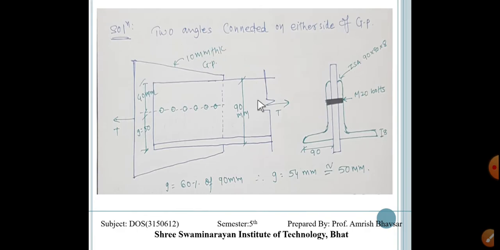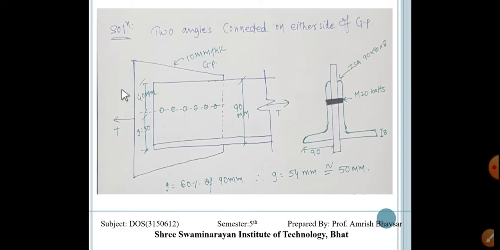Now here, they have given two angles connected on either side of the gusset plate. This is our gusset plate and two members, which are angle sections, connected on either side of this gusset plate with 20 mm diameter bolts. Here I have assumed this bolt diameter because they haven't given a clear idea about the bolts.